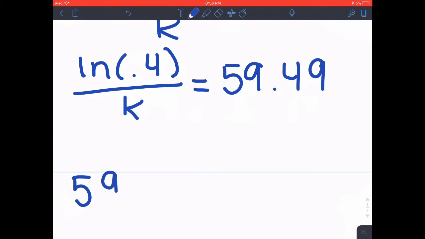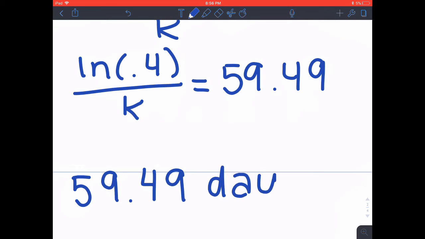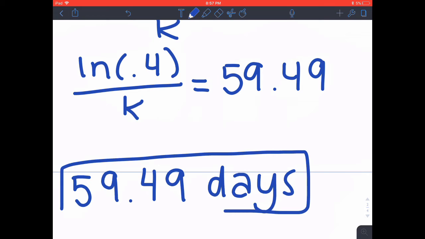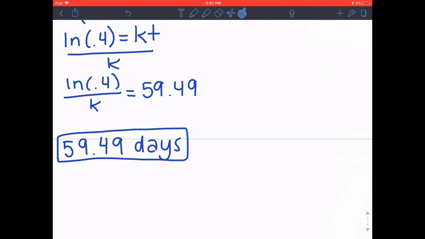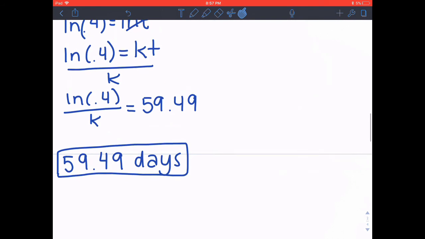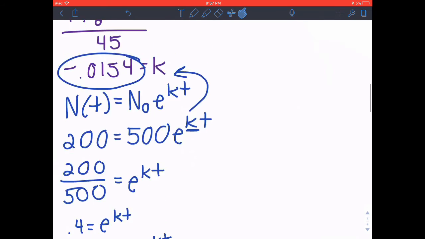Since it's days, you normally wouldn't have fractions, so you can either say about 59, 60 days, depending on which way you want to go, or you can just leave it as a decimal. Alright, so this is how you would solve a half-life or radioactive decay problem.